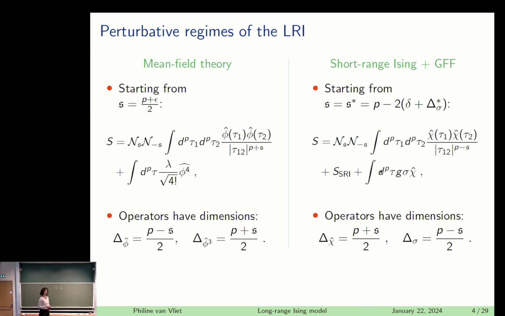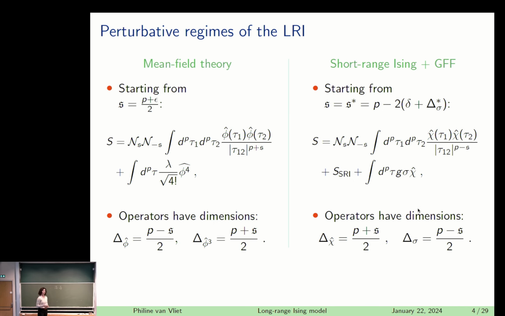And you expect this to be a massless theory, a gapless theory? It's a critical model, yes, exactly. So for each value of S, this should correspond to a critical point and a CFT. And so the claim is that you can do perturbation theory from both ends of the spectrum, but they should describe the same CFTs.